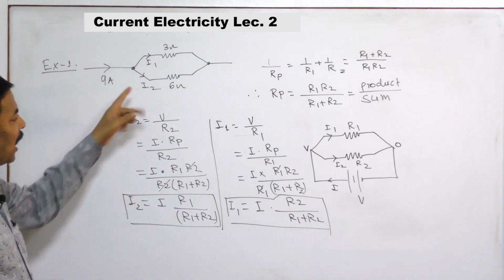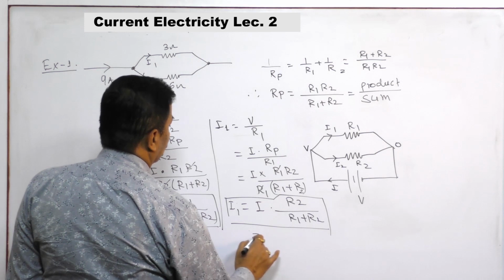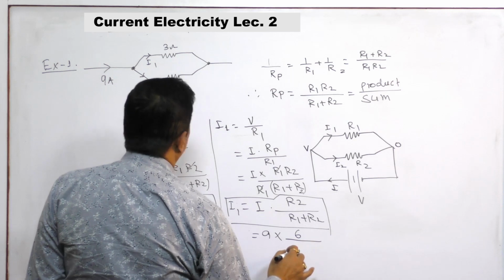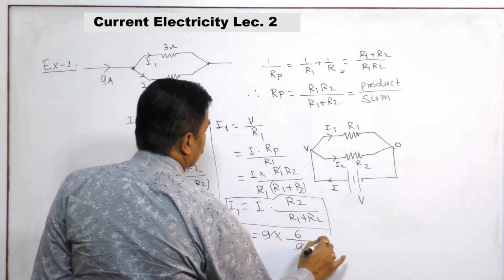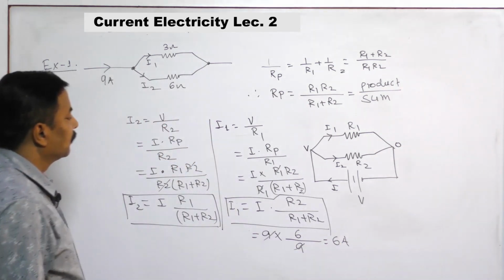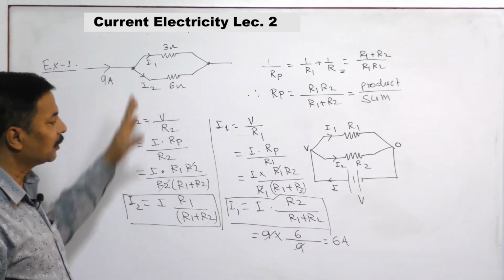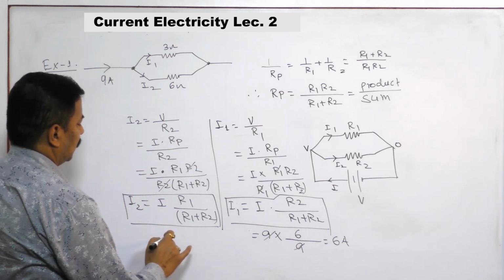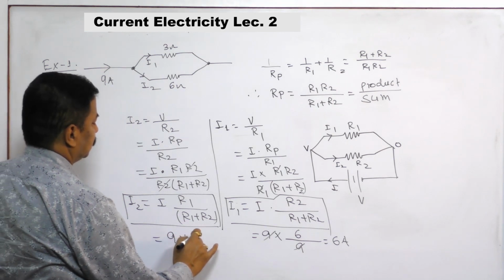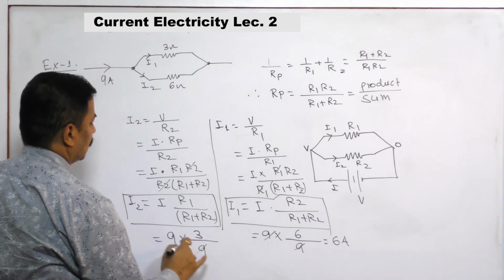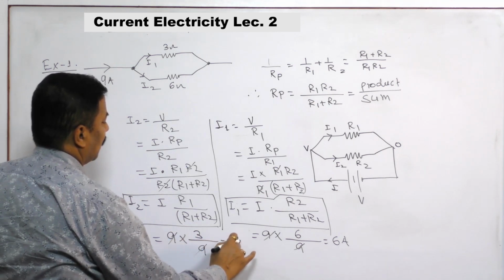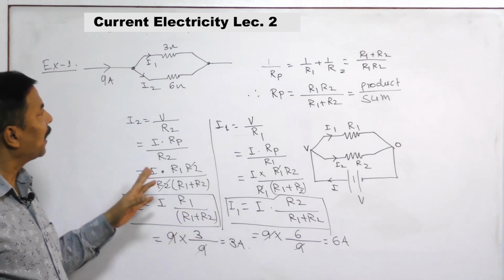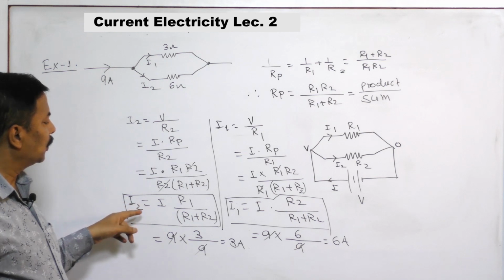What is that? I1 will be 9 into R2, which is 6, by 9. That is 6 ampere. Directly I1 is equal to 6 ampere and I2 is equal to 9 into 3 by 9, that is 3 ampere.